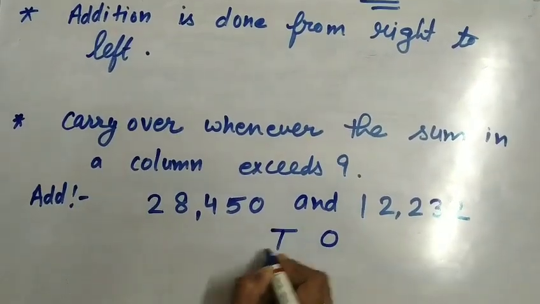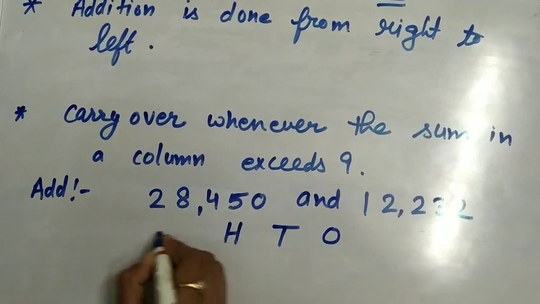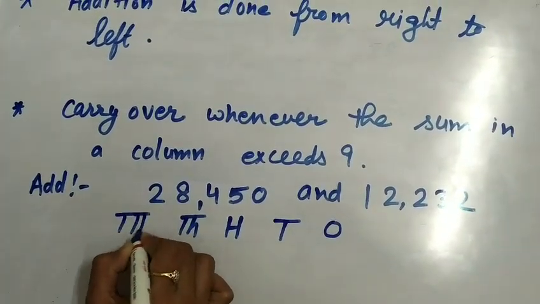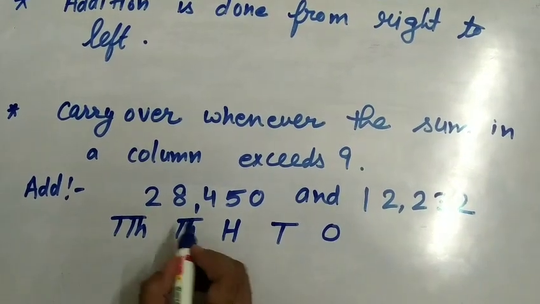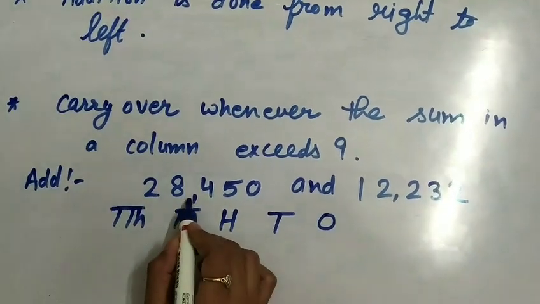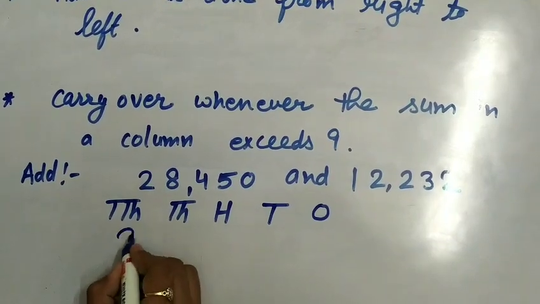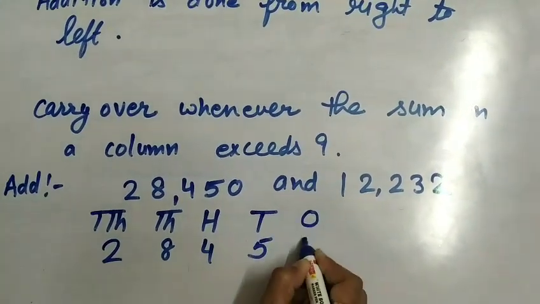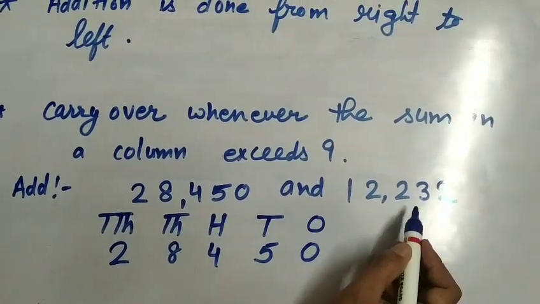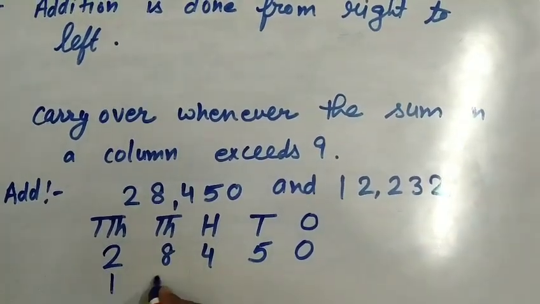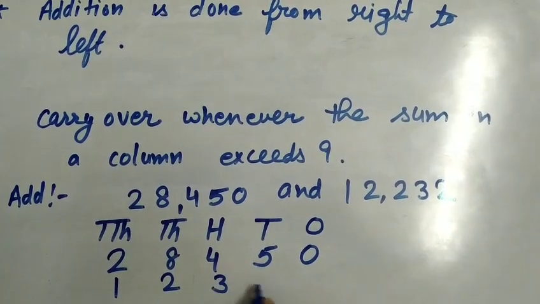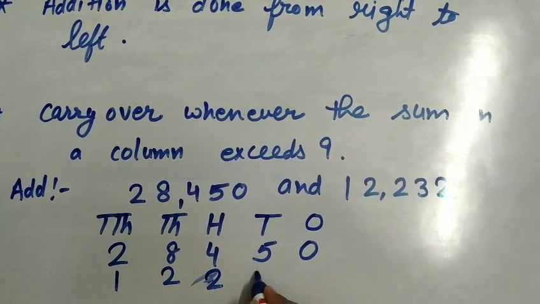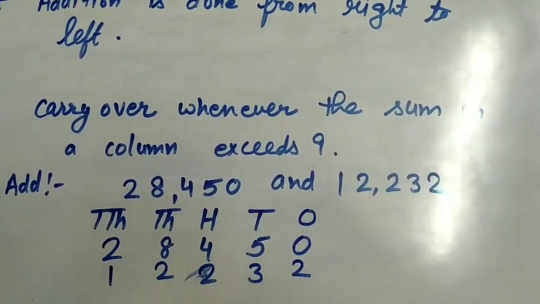Ones, tens, hundreds, thousands, 10,000. See, what is the number? 28,450. And the next number, 12,232.